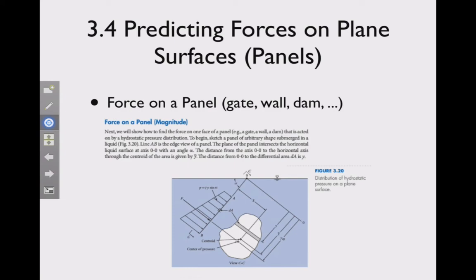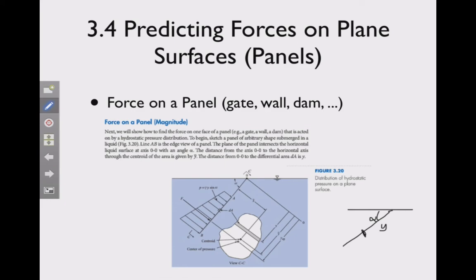this geometry here is such that the depth of the fluid is related to both y and this alpha. If we construct a triangle here with alpha, and our y value, remember, is measured along this line. So this might be y, but that doesn't tell us the depth.